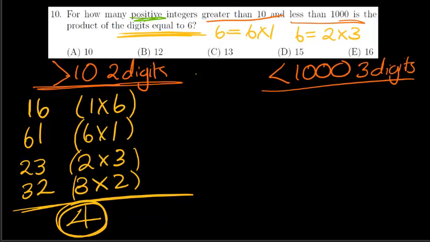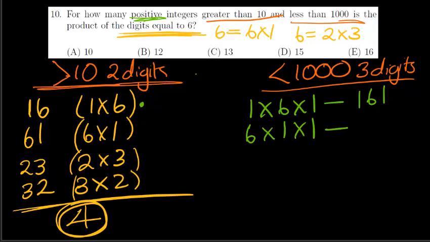Now let's look at 3-digit numbers. Using those, I've got 6 and 1, 2 and 3. How can I make 3 digits out of that? I can multiply them all by 1. So if I take this first one, I can say 1 times 6 times 1. That gives me 161. That's a 3-digit number. If I multiply them all, I get 6. I can also say 6 times 1 times 1.